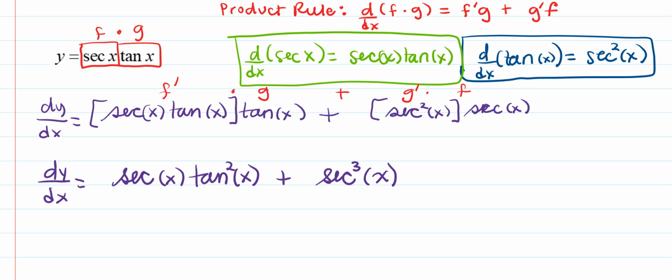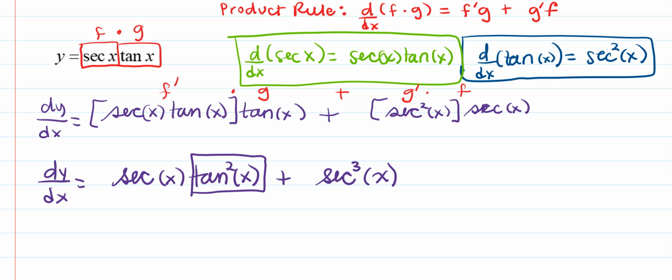We could try to simplify all the trig using trig identity, right? It depends on if you want to change tangent in for secant, or if you want to change secant in for tangent, right? Since I already wrote this down, I'm going to go ahead and change tangent square.